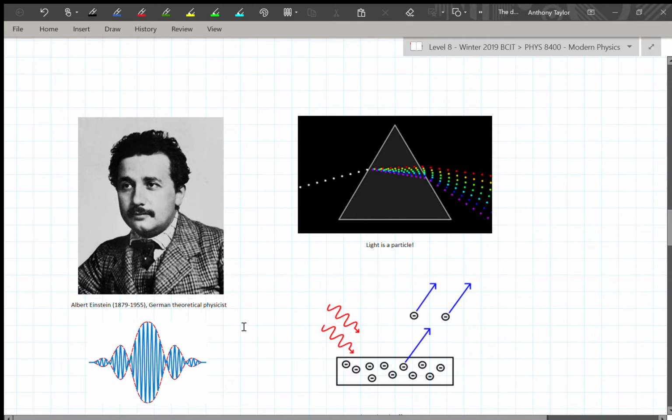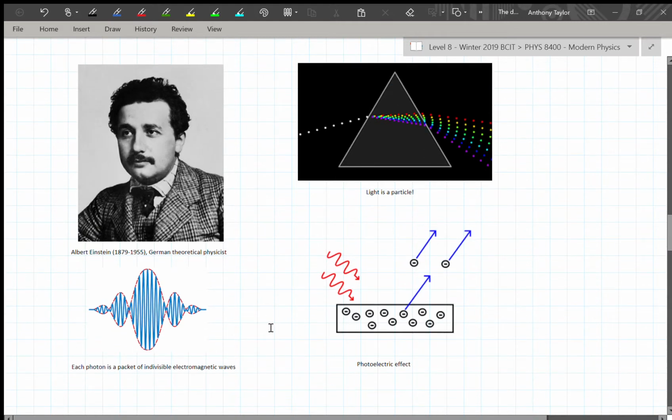And well, he did some work, particularly with the photoelectric effect and explaining why that occurs. And he came up with that light is not just a wave, but it's a particle, that's called a photon, and basically he described it as an indivisible packet of electromagnetic waves, which may look something like that, I guess, if you could sort of look at it on that kind of scale.